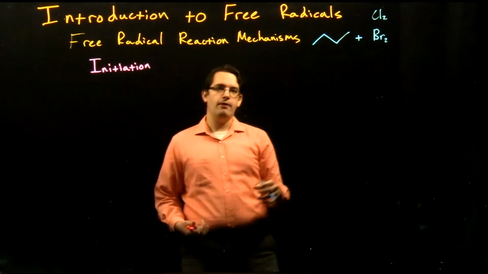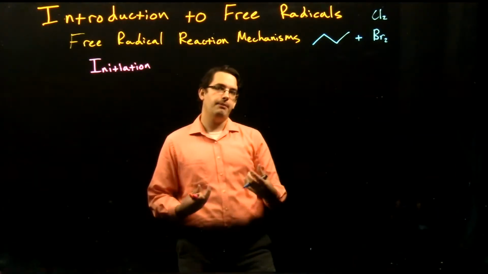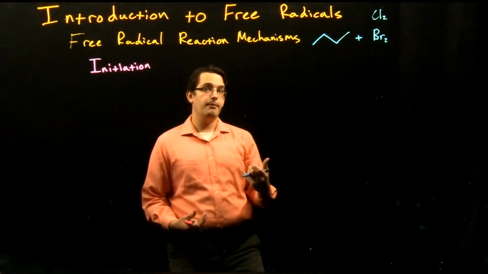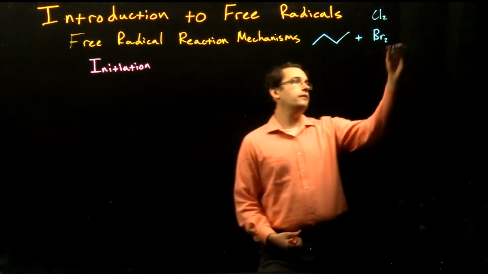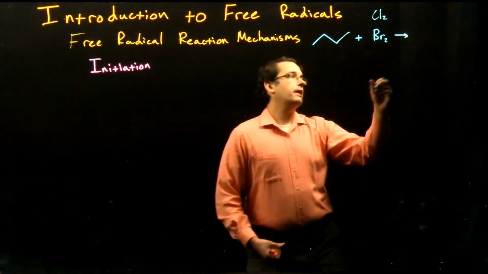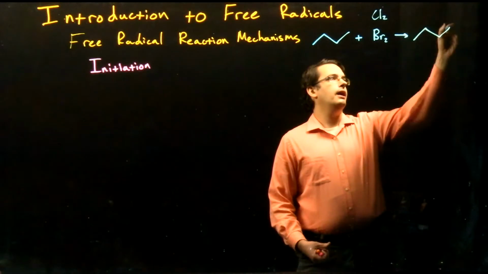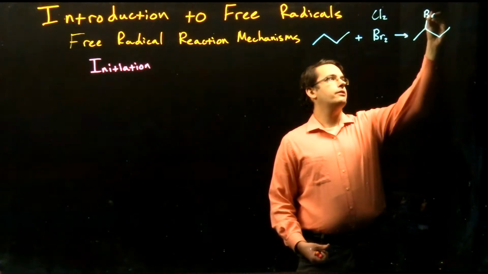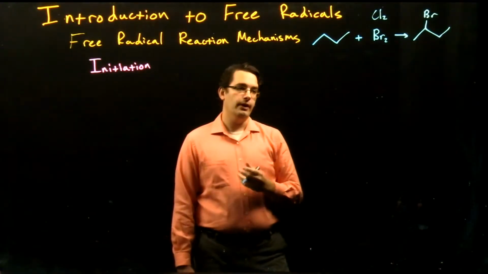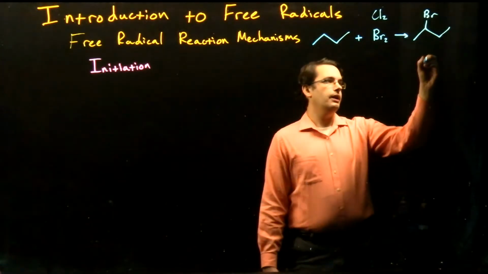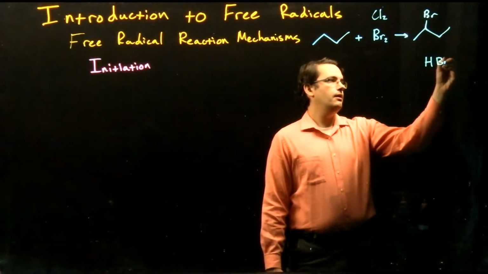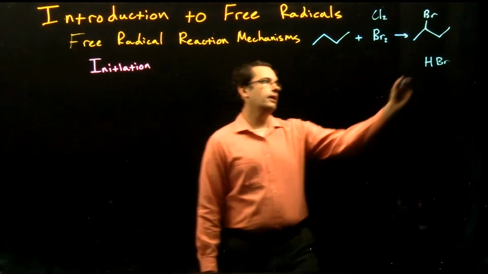So our diatomic halogen, of course, can break apart using our homolytic bond cleavage to form those free radicals. And that free radical will then react with our alkane, add on to create an alkyl halide. We'd also get a hydrogen halide produced from the other unit of our halogen.